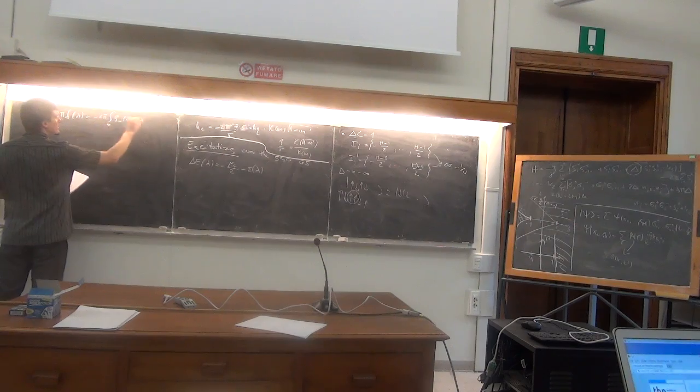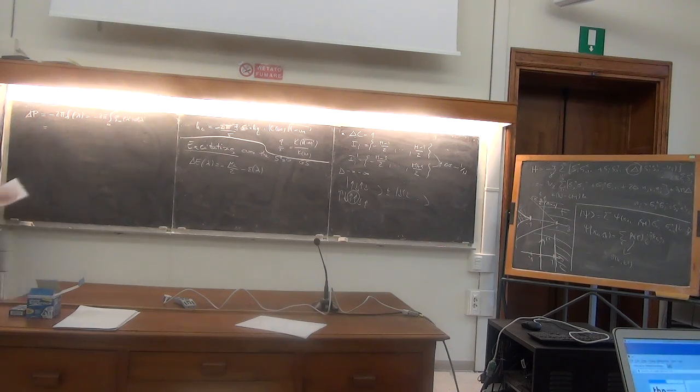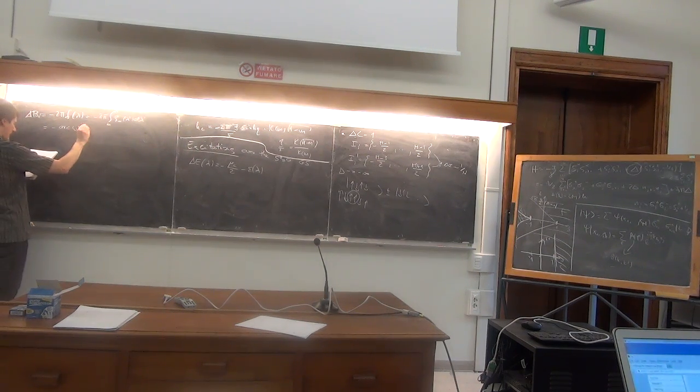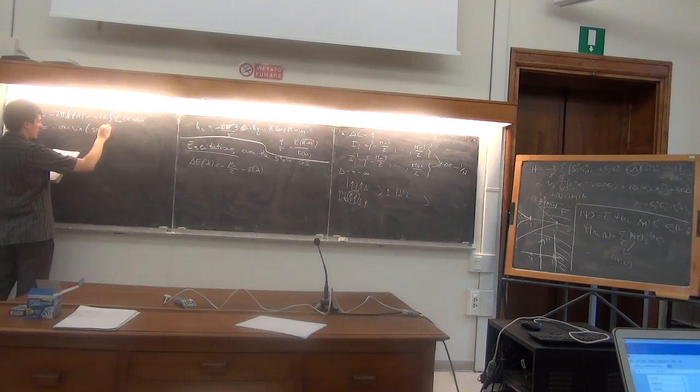Sorry, this is not correct. This is what I meant. So we integrate rho 0 up to lambda. It turns out that you can perform this integral, and what you find is minus arc sine of this function called Sn.